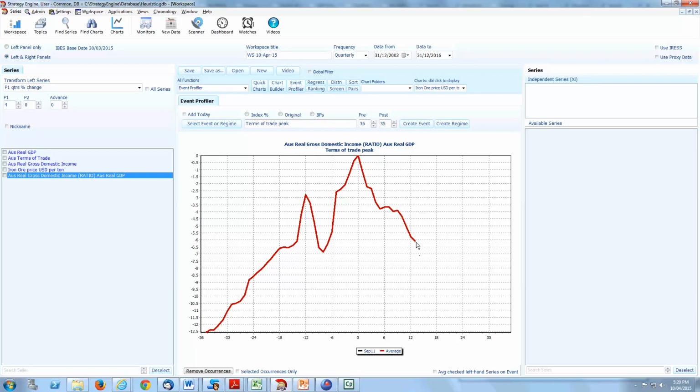So going forward, if we assume, and this is a pessimistic scenario, that the terms of trade and iron ore prices go back to their long-term trend, i.e. back to where they were, for example, back in 2002, that would entail a further 6% decline in this ratio, which would amount to an extra 1.5 to 2% per annum over the next 3 to 4 years.